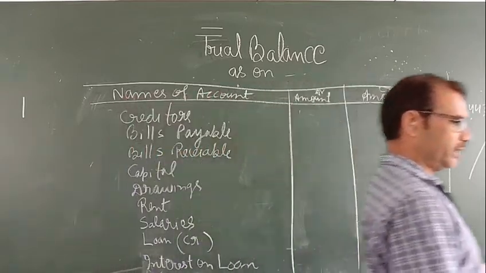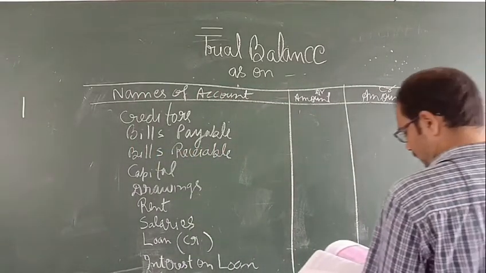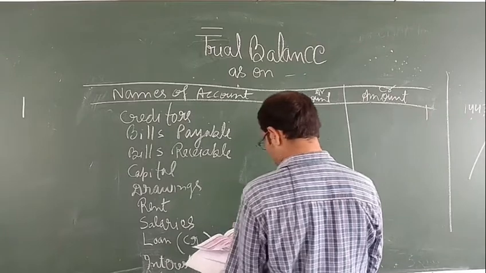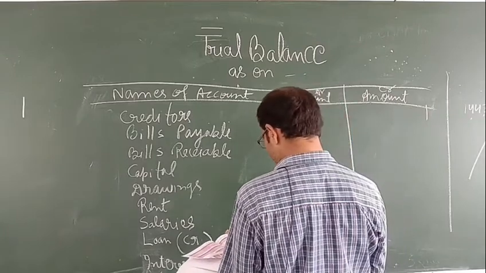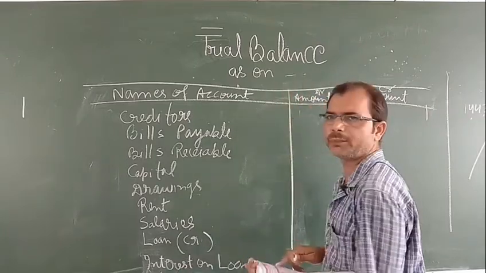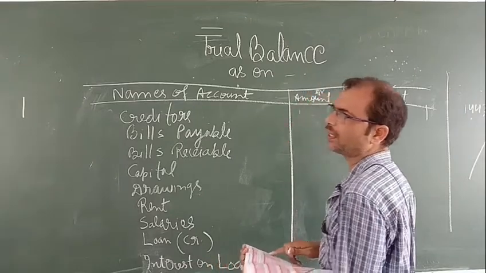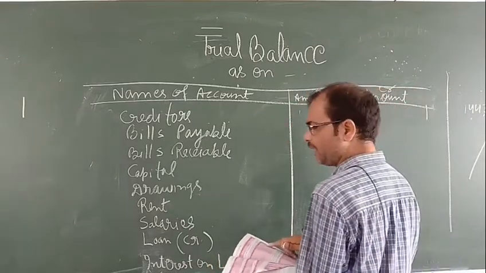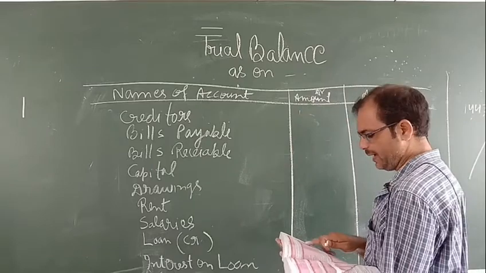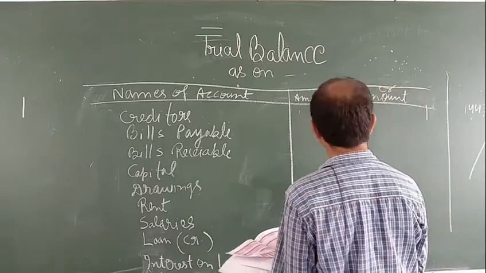After doing this, we will enter the amount of all these things. Creditors of rupees 8,500, and it is a liability, and all the liabilities will have the credit balance. So we will write here 8,500.